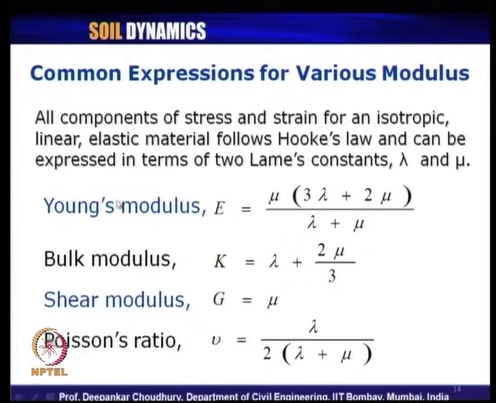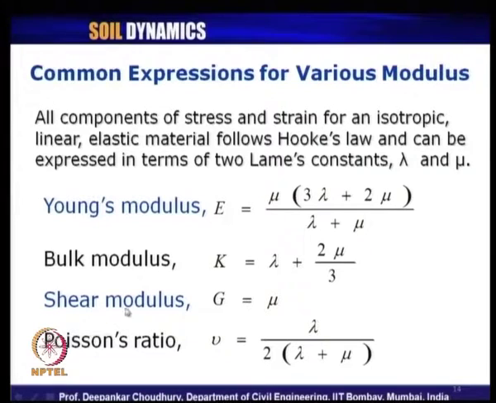So, in terms of Lame's constants, the corresponding expressions for the various moduli which we use are: Young's modulus E, given by mu times 3 lambda plus 2 mu by lambda plus mu. The bulk modulus K is given by lambda plus 2 mu by 3.